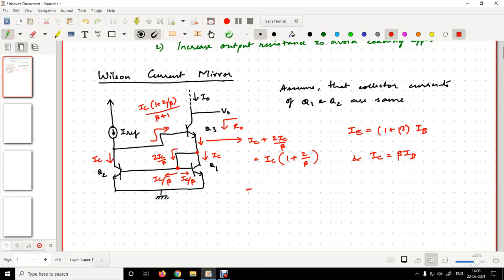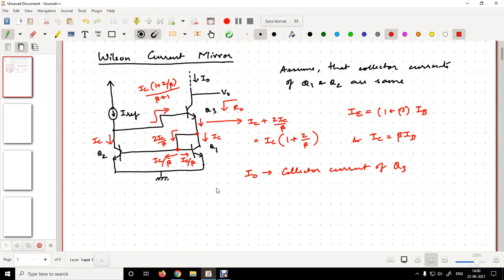So I naught here is the collector current of Q3. I naught is beta times the base current of Q3.